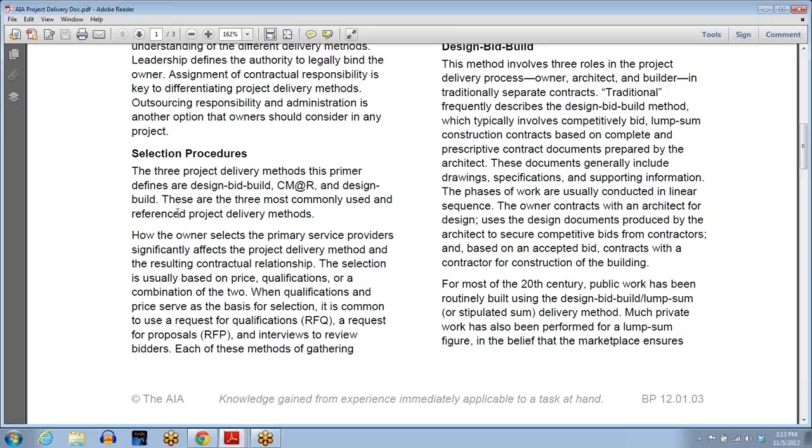These are the 3 most commonly used, not necessarily for churches, because CM@risk it may be the one that is used the most. I'll give you the numbers. Traditional is used maybe 60 to 65% of the time. Design build is used 30 to 35% of the time. Some say up to 40%. It's become much more popular in the last 20 years.